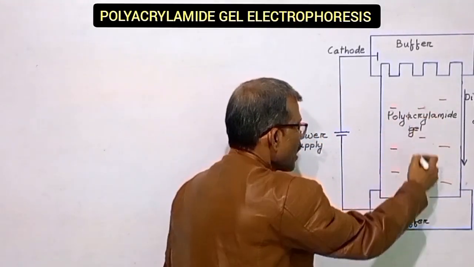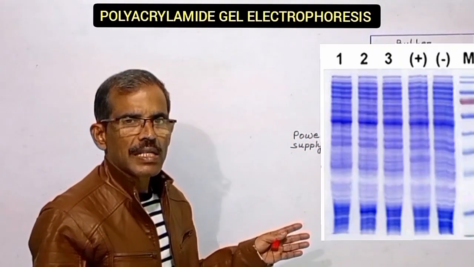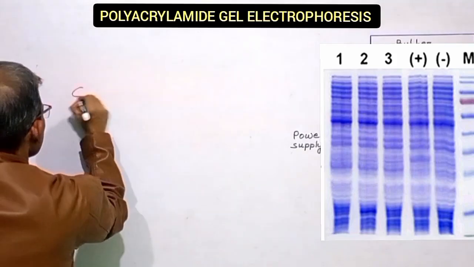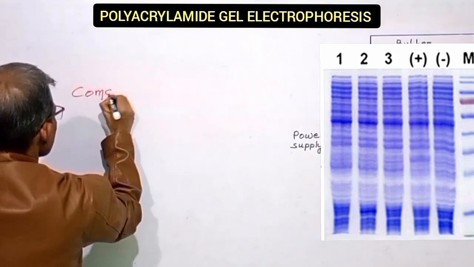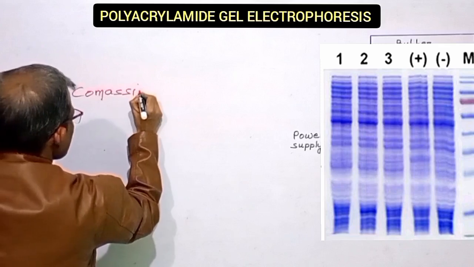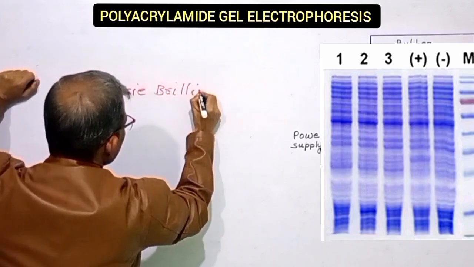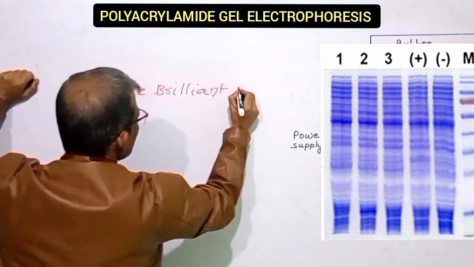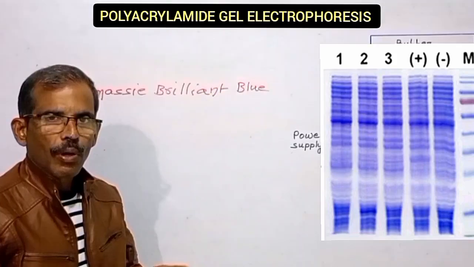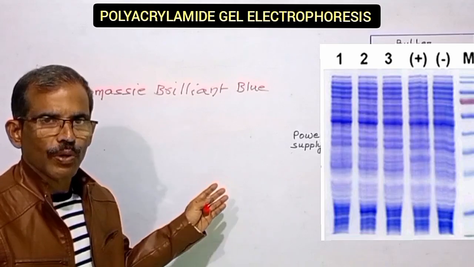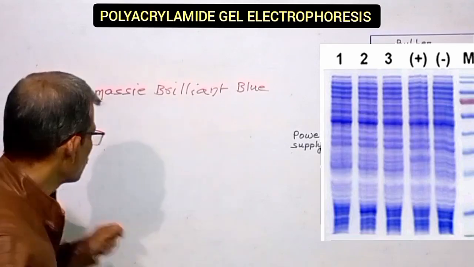These protein bands can then be visualized by staining with a suitable reagent such as Coomassie Brilliant Blue dye. Polyacrylamide gel electrophoresis is normally performed in two different modes.